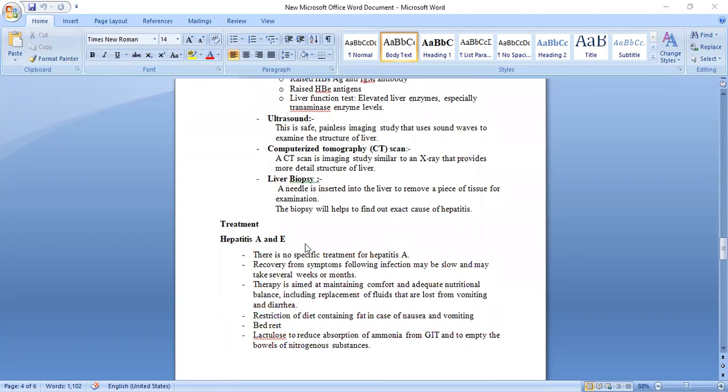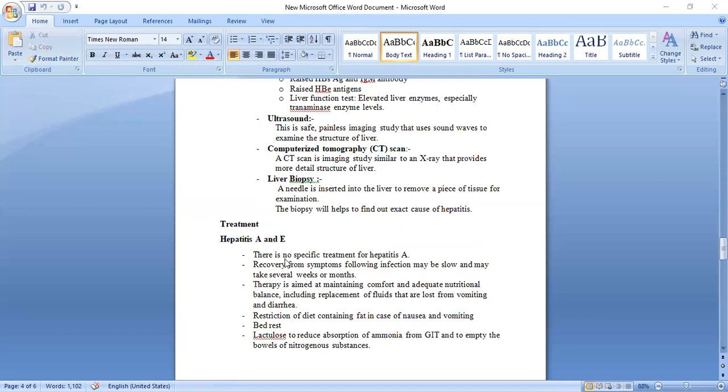Now see the treatment. Hepatitis A and E are similar, so the treatment is similar. There is no specific treatment for hepatitis A. Recovery from symptoms following infection may be slow and may take several weeks or months, because there is no treatment for the liver.